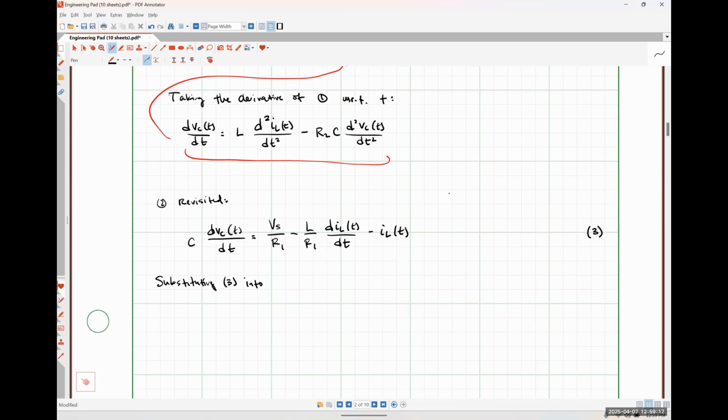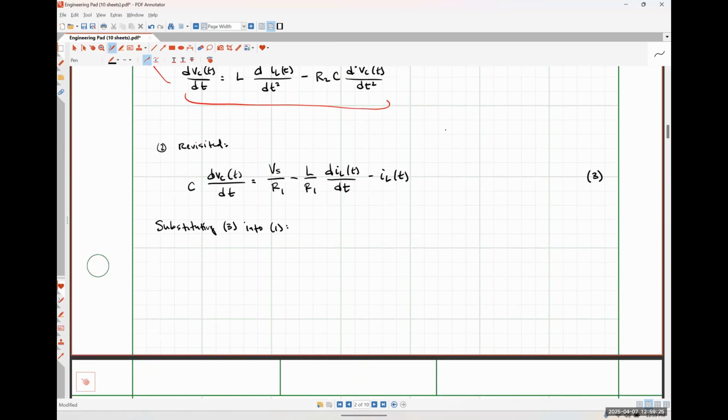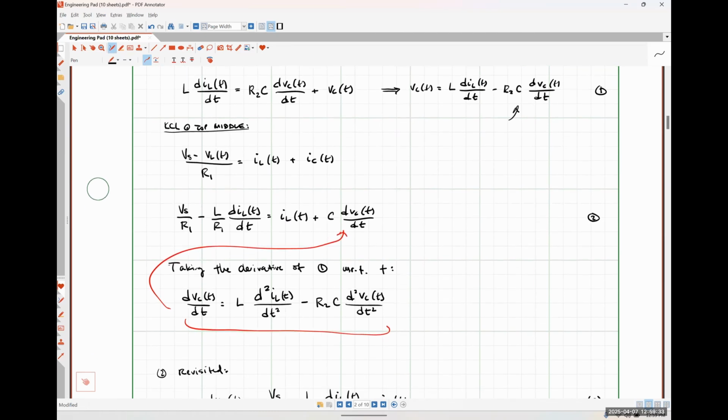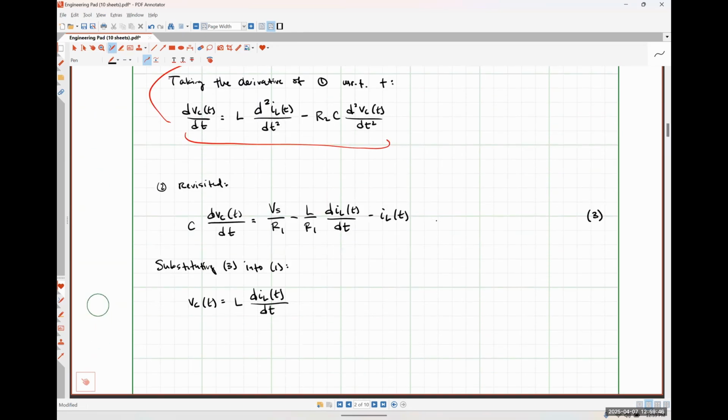So substituting 3 into 1, I would have Vc of t is equal to L dIL with respect to time minus R2 times C times the derivative of my voltage, right?